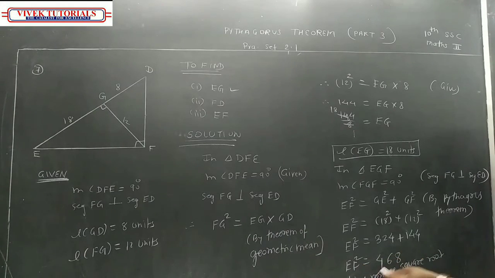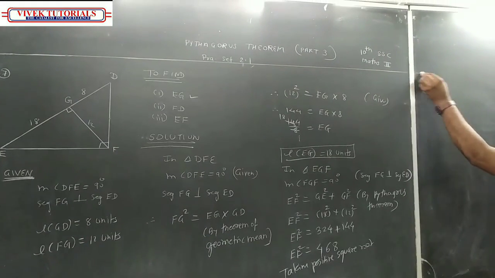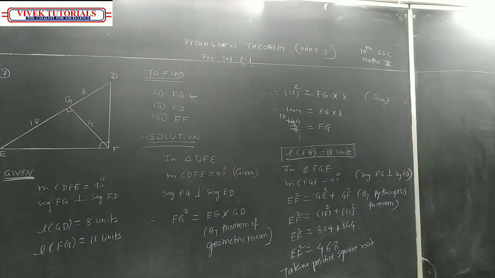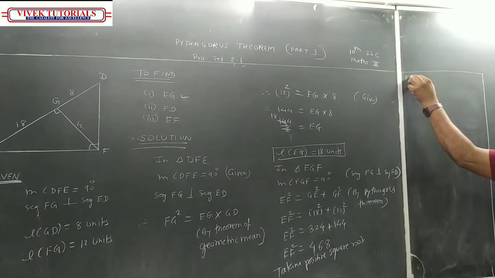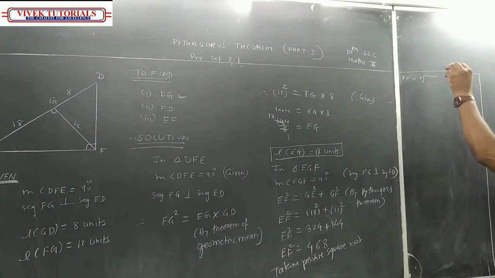EF square is equal to 468, taking positive square root. So now I will start from here. EF is equal to positive root of 468. When this comes, we divide 468 by 2: 2 2s are 4, 2 3s are 6, again 2, 1 1 7. Then by 3, I get 3 3s are 9, then again by 3, we get 13.